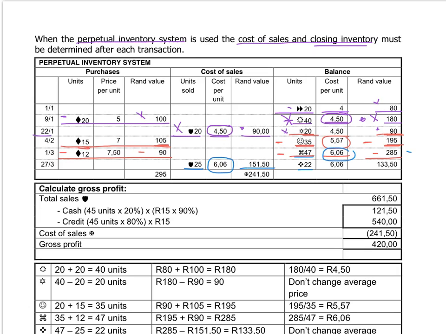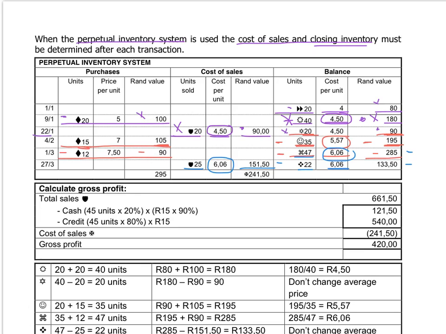We had R285 minus the R151.50, so that means that value is R133.50. I don't calculate a new cost price when I sell goods, so the average price remains R6.06.